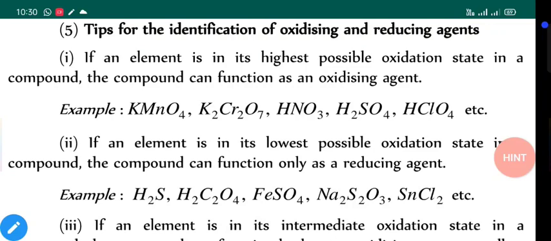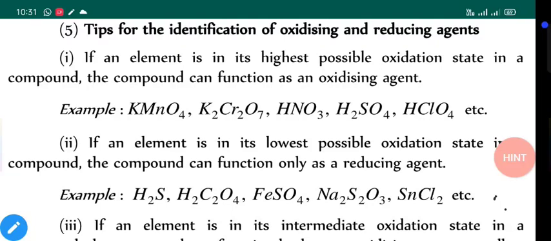So the first point is, if an element is in its highest possible oxidation state, then it will act as an oxidizing agent. That means if an element is already in its highest possible oxidation state, no extra electrons can be released, because all the electrons which are removable are already removed.